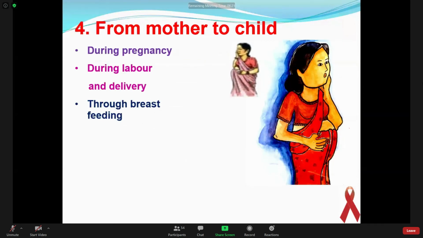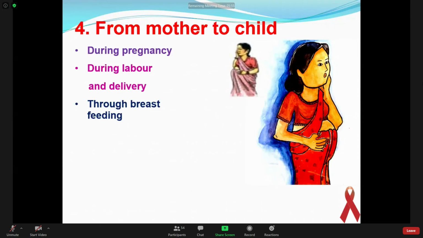Transmission from mother to child happens in different phases. It may occur during pregnancy, especially the last weeks before delivery. It may transmit before that, possibly, but mainly in the last weeks before delivery.